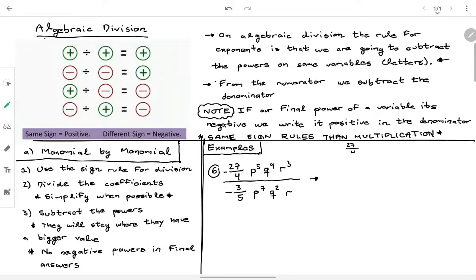So we have 27/4 divided by 3/5. So we can write it as a multiplication if we flip it. So we can flip it and put it like 27, that it's 3 multiplied by 3 multiplied by 3, over 4, that it's 2 multiplied by 2, and we are putting multiplied by 5 over 3.